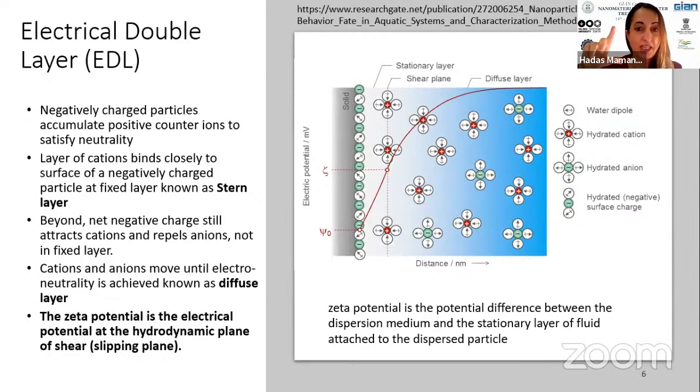If the zeta potential is higher than minus or plus 30, then we can consider the suspension as stable, so we'll have a stable dispersion. And if the zeta potential is between minus 30 and plus 30, then we can have different phenomena such as aggregation, sedimentation, and flocculation. Again, the zeta potential is measured at the shear plane, in this plane here.